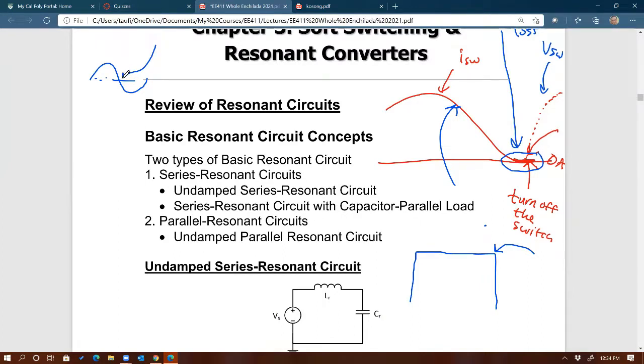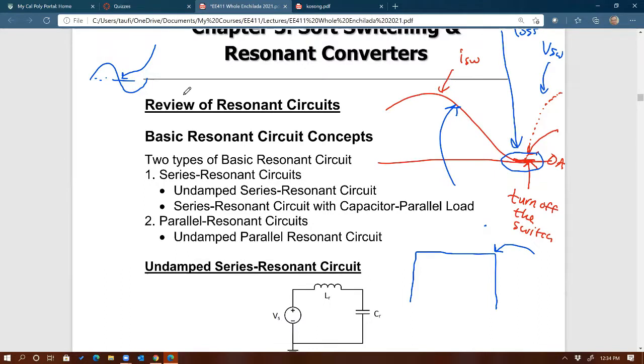And this is happening without us forcing the current to go to zero, right? So if you can somehow manipulate the components in the circuit in such a way that when the switch turns on or is conducting, the switch current follows a sine wave, then naturally or inherently, that current through the switch will eventually go to zero.